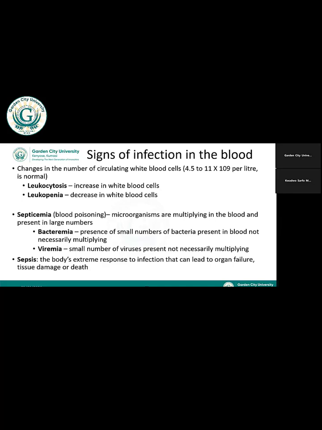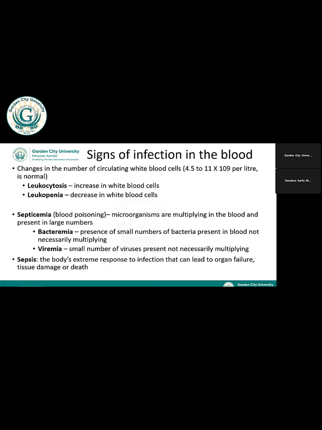So if you have an increase in the white blood cells, that means the body is trying to fight an infection. So it gives a clue to some of these infectious diseases. So people who have decreased white blood cells, leukopenia, tend to be at risk of fighting the infections better because the white blood cells are needed to respond to the invading microorganisms.